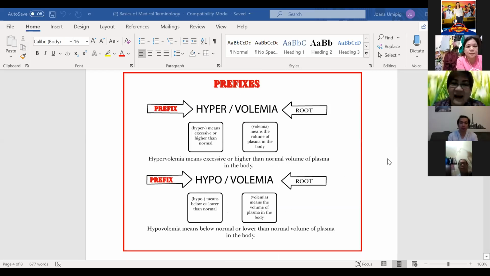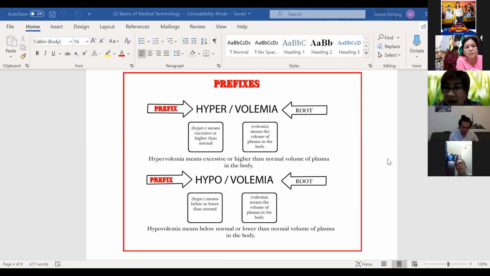The example below shows hyper is the prefix. Hyper means high, right? Yes. Volemia is the root word, the volume of plasma. So if we form it together to make a medical term, hypervolemia. This is a medical term.